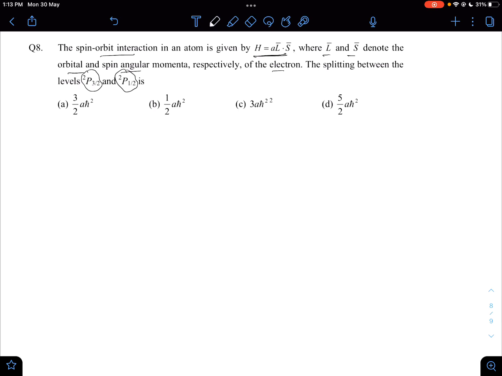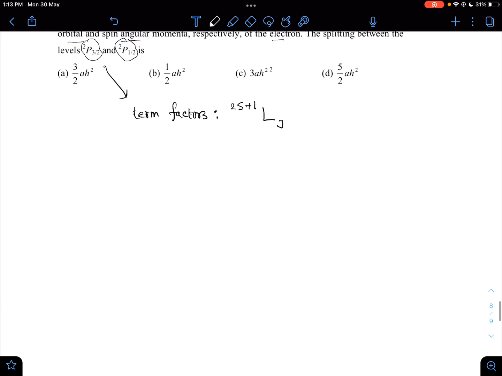We know that these are term symbols. How are term symbols represented? They are represented as 2S plus 1, L value, and here we have the J value. So first let us calculate L, S and J values for 2p3/2. For 2p3/2 we have 2S plus 1 equal to 2, so S is half.